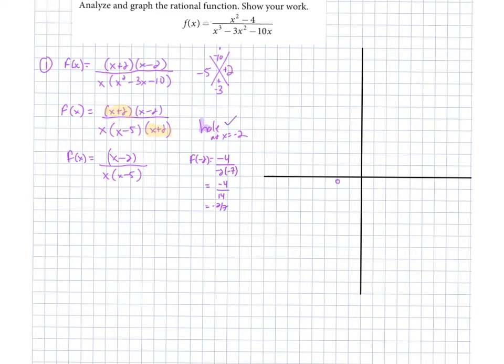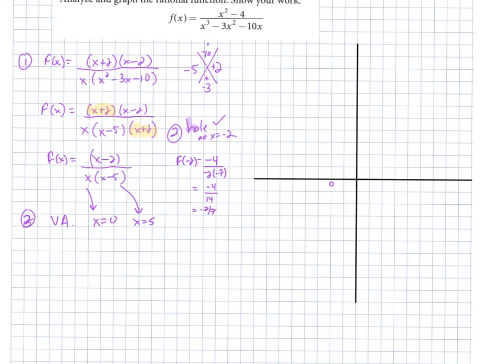So I factored, I found my holes. My second step, really, was the holes. The third step, of course, is going to be my vertical asymptotes. That's where it's 0 in the denominator. So in this case, x equals 0 and x equals 5 are the two values that would create 0 in my denominator. So I can draw in a vertical asymptote at x equals 0. You can kind of see that coming in.